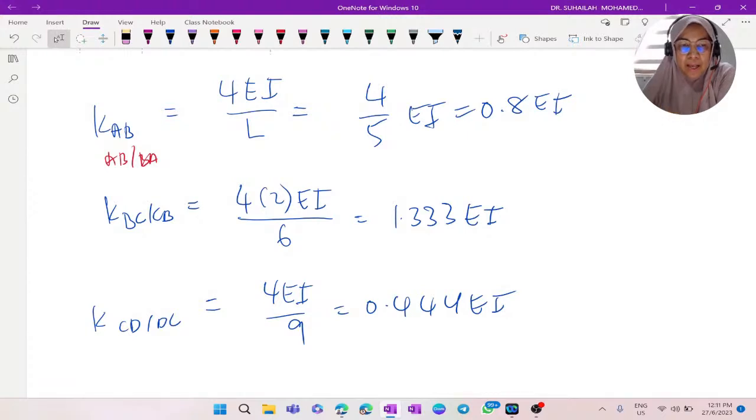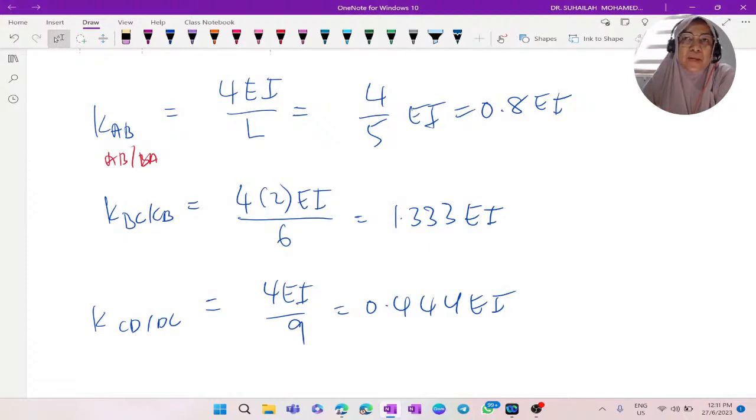So we have KAB, we have KBC for member BC, we have KCD for member CD. So this is the member stiffness. So what is joint stiffness?